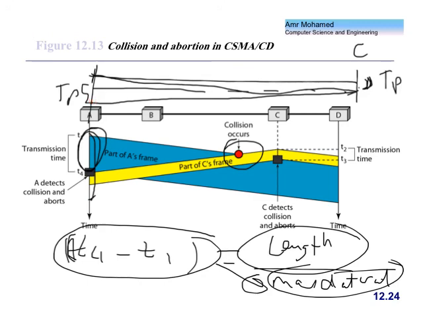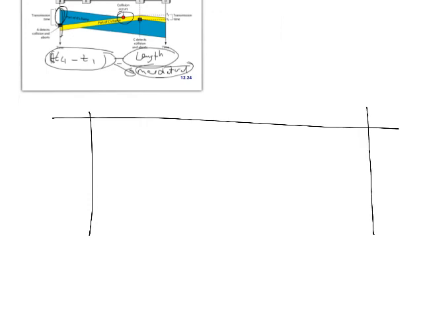Again, to make it very clear: the worst case is that A is at the beginning of the cable and C is at the end of the cable. If I give you the cable length, you can get this worst case.